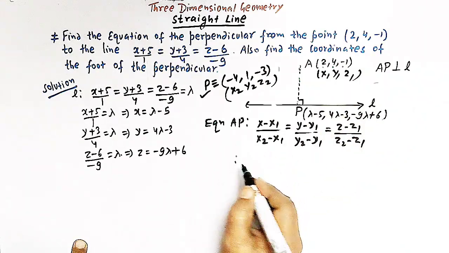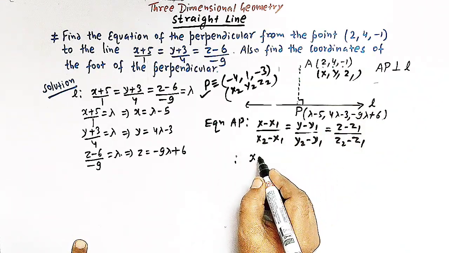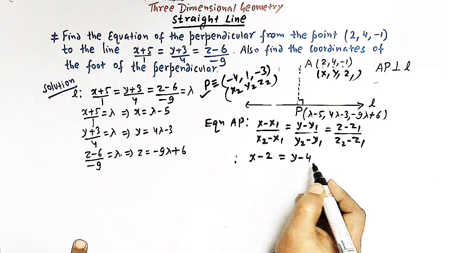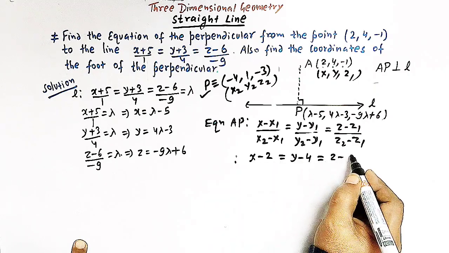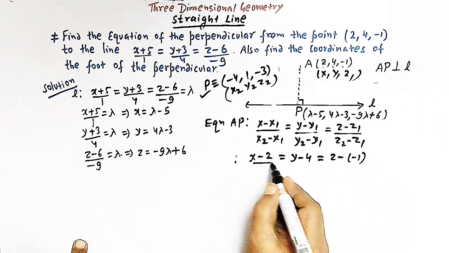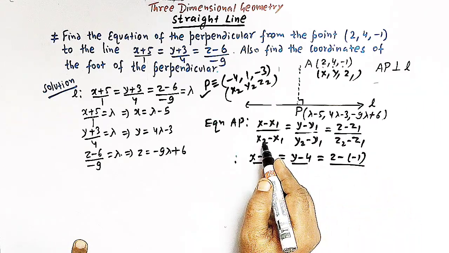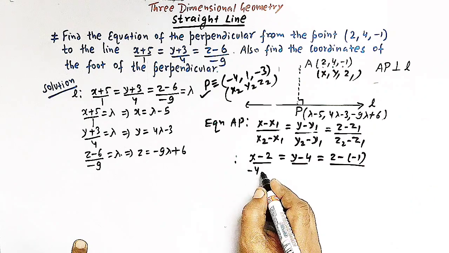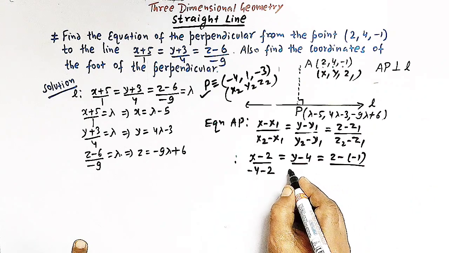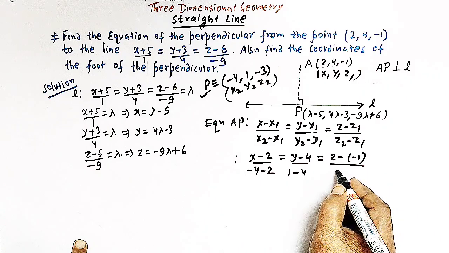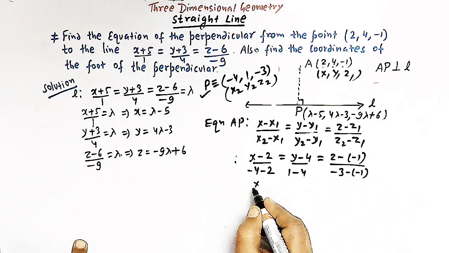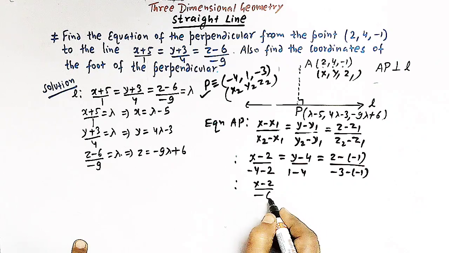So the equation of AP is given by x minus 2 equal to y minus 4 is equal to z minus minus 1, and in the denominator we can write x2 minus x1. So we have minus 4 minus 2, then we have 1 minus 4, and then we have minus 3 minus minus 1. So this is x minus 2 over minus 6.